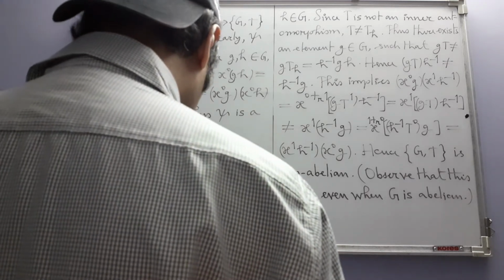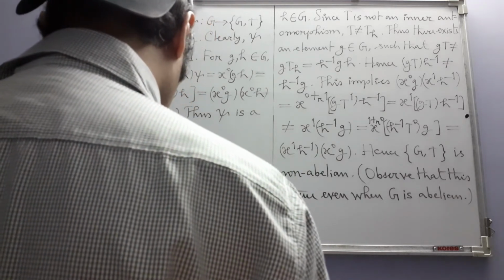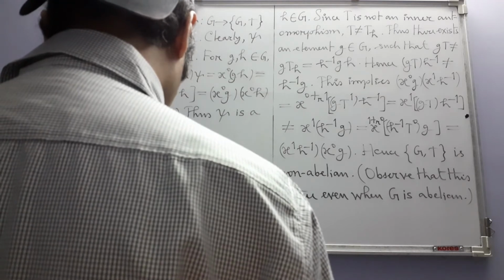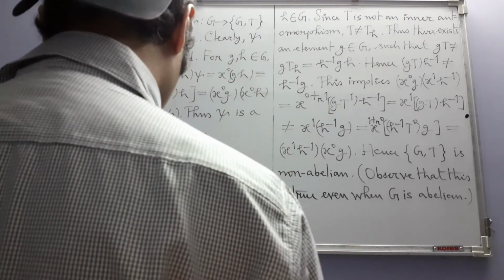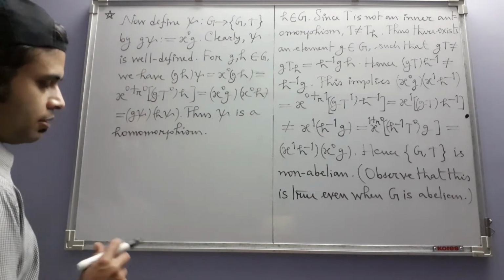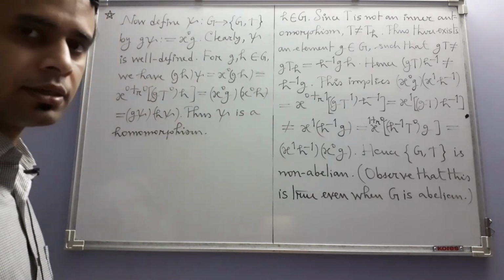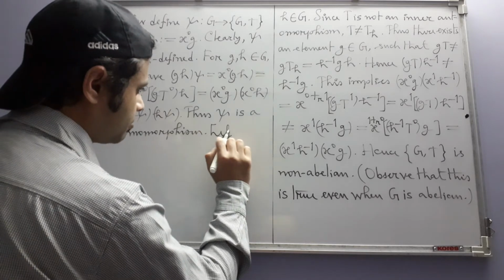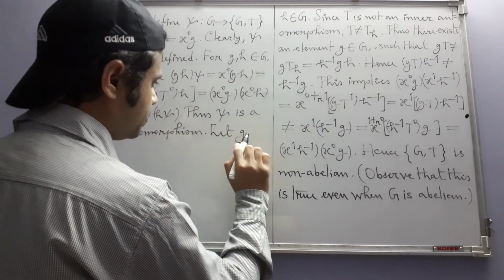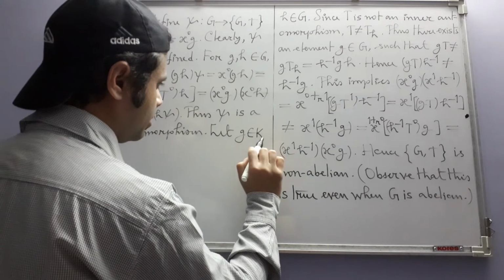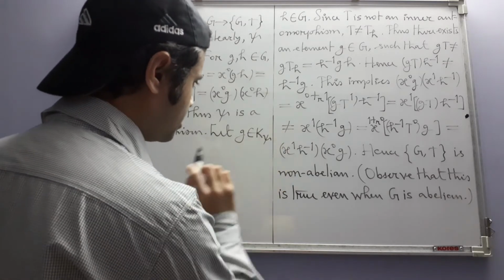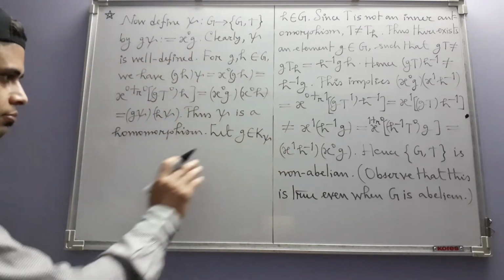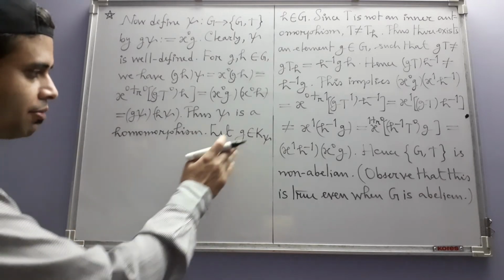Now we come to the question of showing that psi is 1 to 1. For that we show that the kernel of psi consists of only the identity element. Let G belong to K psi, which is the notation we have already come across.